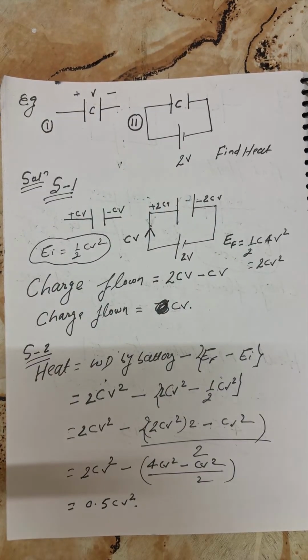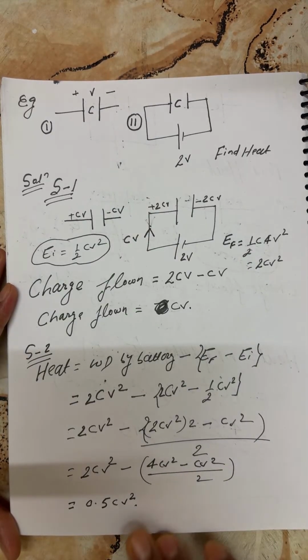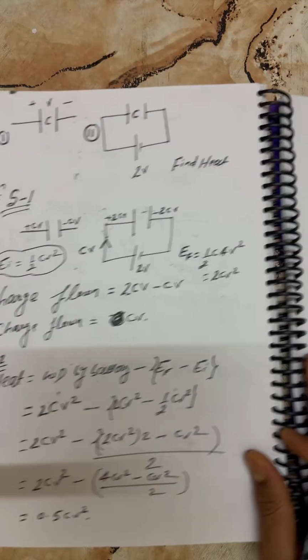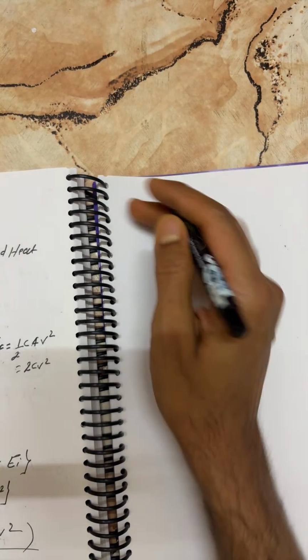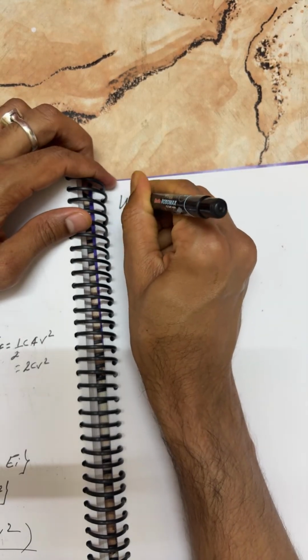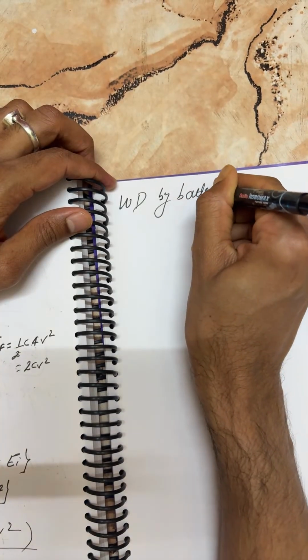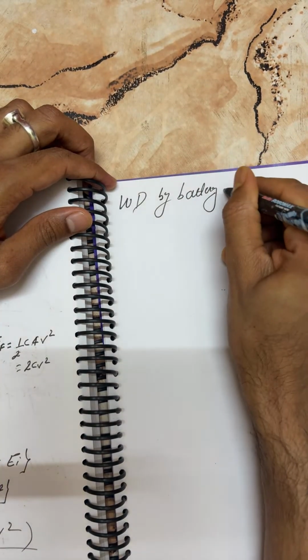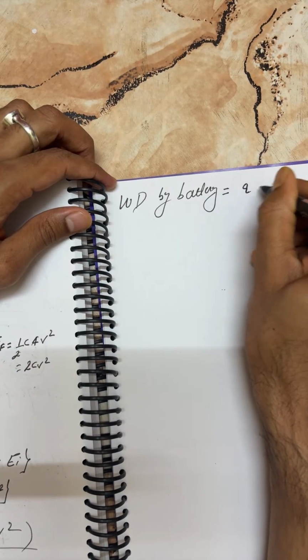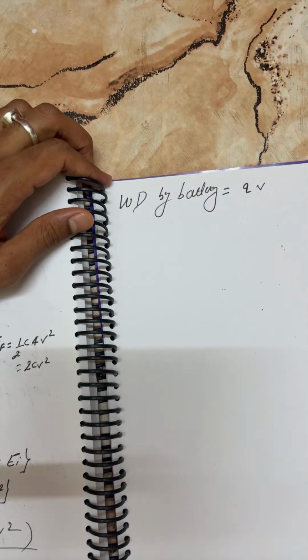Sir, how to find work done by battery? Okay, I'll tell you, my dear. Look carefully. Space is not available here, so I'm going to move on to the next slide. Just remember what the work done by battery is. Work done by battery is nothing but QV.